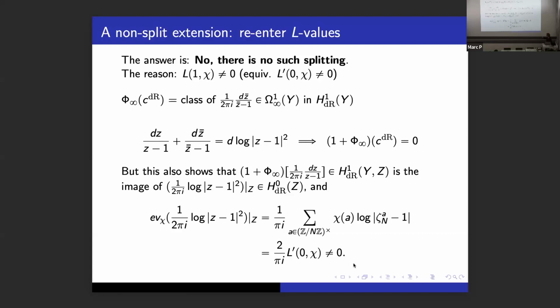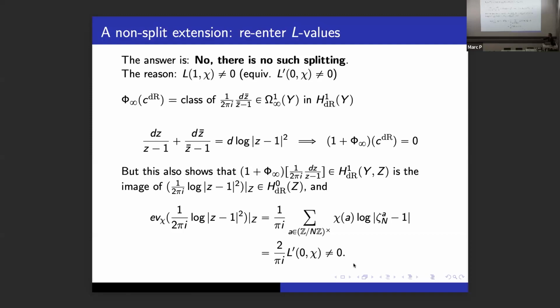And in fact, that means that the class 1 plus infinity times the phi infinity times this class is actually the image of the log of the absolute value of z minus 1, keeping just 1 over 2 pi i there, inside H0 of z, image under the boundary map from this cohomology group to this cohomology group. Then let's check what's the image of this class under our evaluation map.